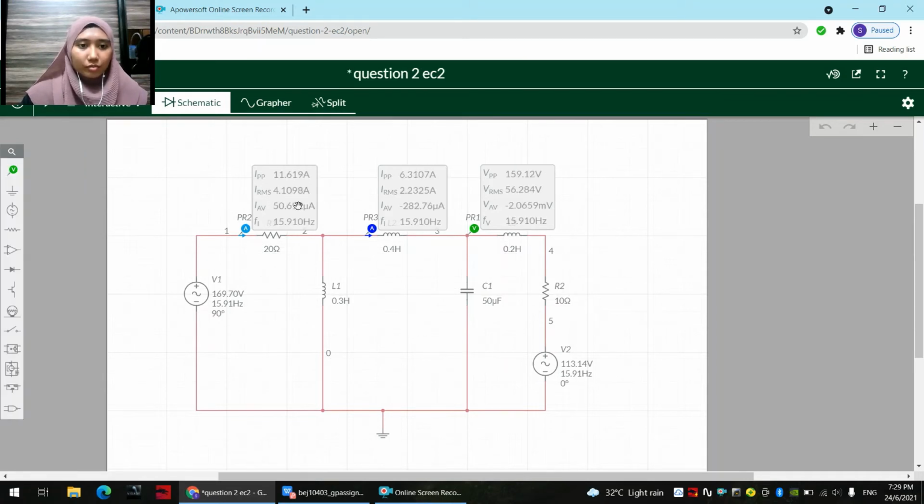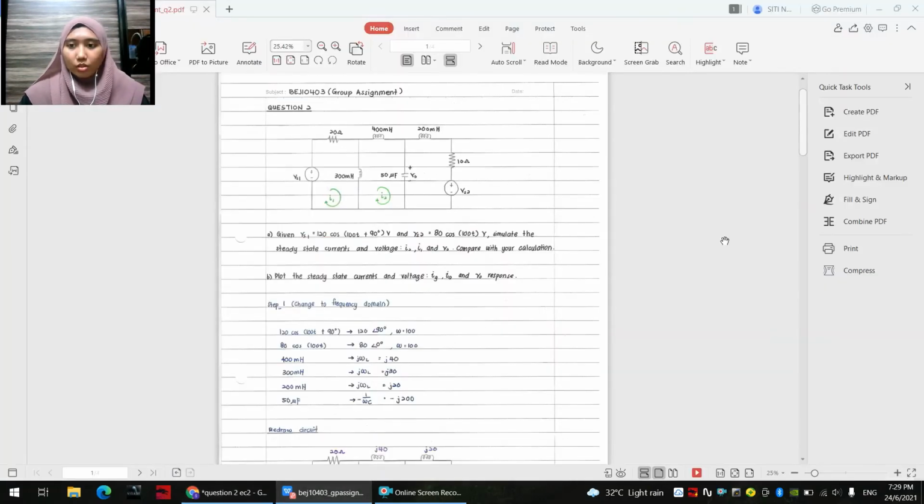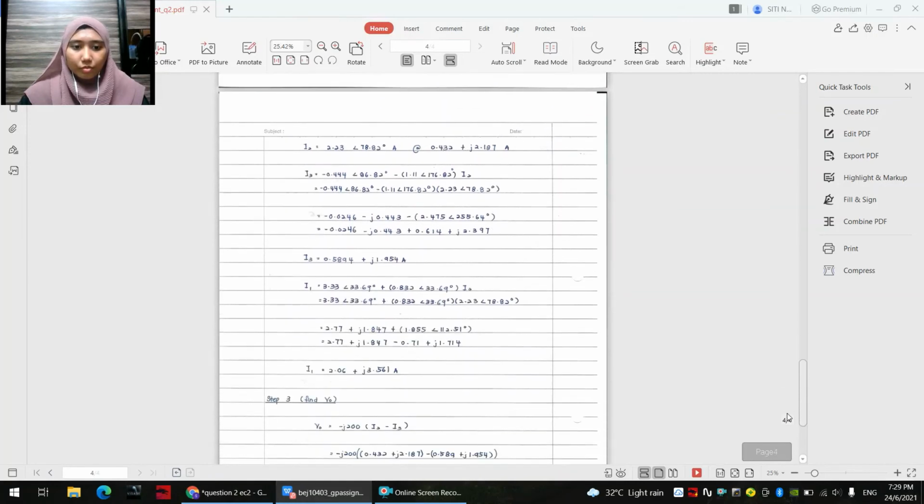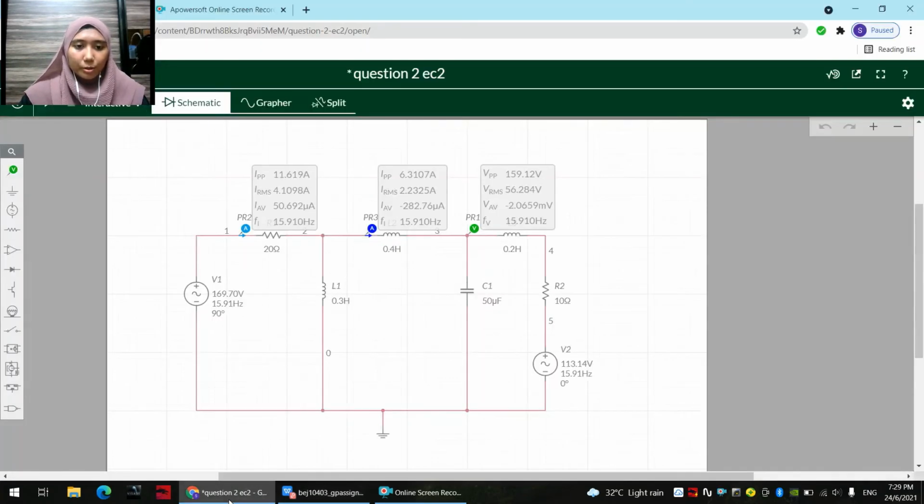Okay. For the frequency we get 50.91. For the IRMS, that is I1, we get 4.10. You must convert it into polar form, and we get 4.10 ampere.